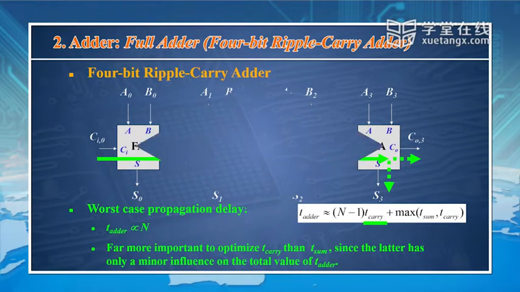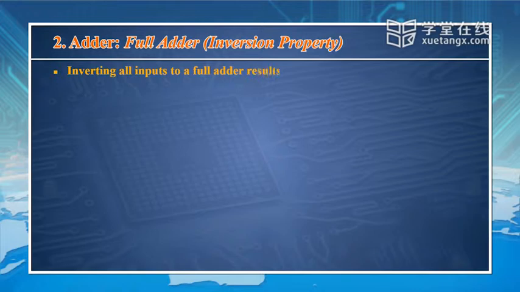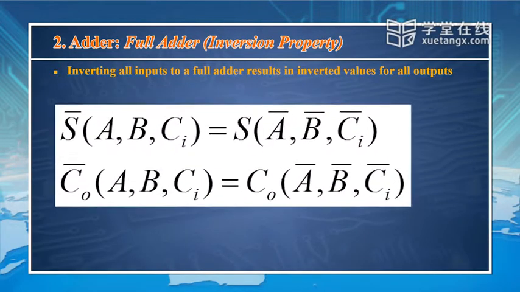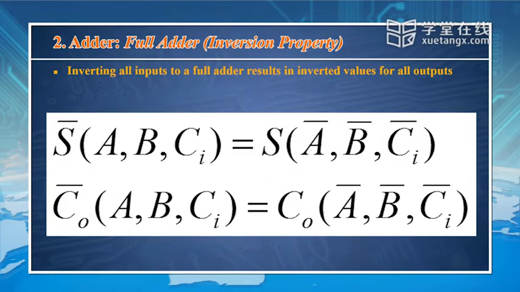And also, I'd like to introduce the inversion property. If we invert all the inputs to a full adder, we obtain an inverted value for all outputs. What does it mean? It means if the inputs are A, B, and Ci, and if we invert all these inputs, so this is A bar, B bar, and Ci bar, then the result of the full adder is the inversion of the previous result.